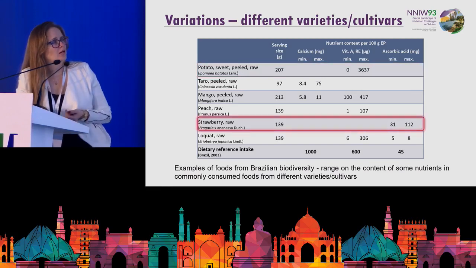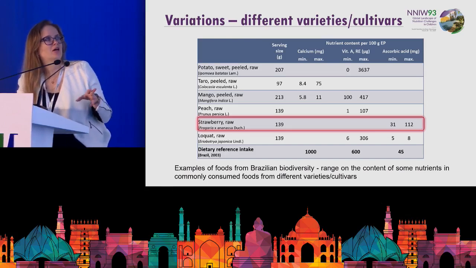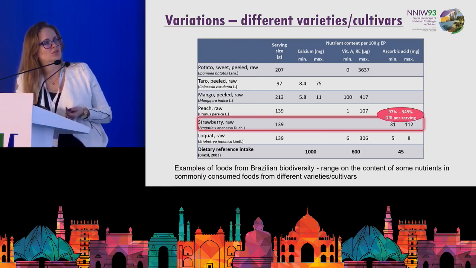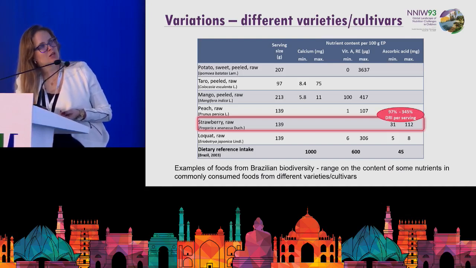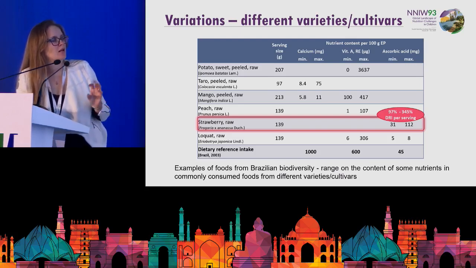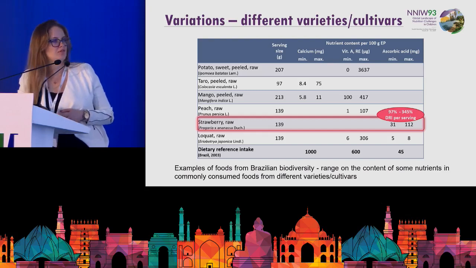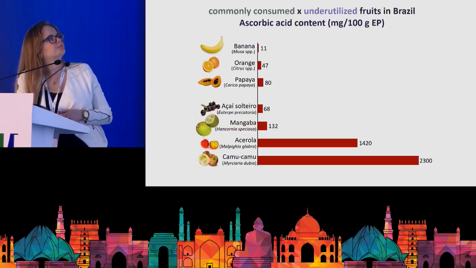And also, for example, for strawberry, we can see for ascorbic acid the range from 31 to 112 milligrams per 100 grams, and also considering 1 serving size, we can have from 97% of the recommended intake until more than 300%. So it makes a big difference for some nutrients if we consume one or other variety of the same food.